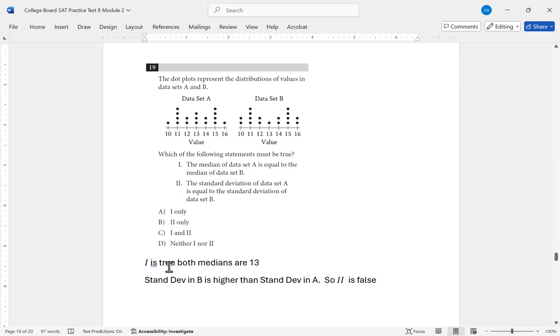So 1 is true, but 2 is false. And therefore, the answer to question 19 is option A. So option A is the correct answer to question 19.